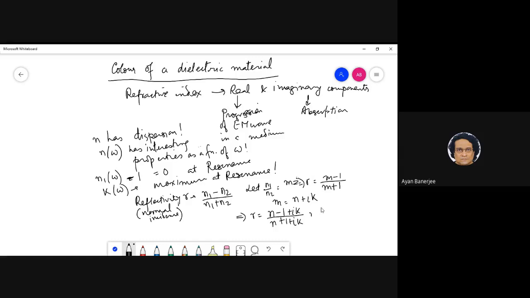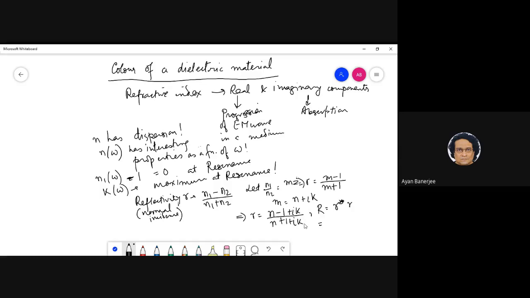So then what will be your R? Reflectivity is basically r star r, right? So I will multiply by the complex conjugate. It will be multiplied by r star, right? r star basically means n minus 1 minus ik by n plus 1 minus ik.